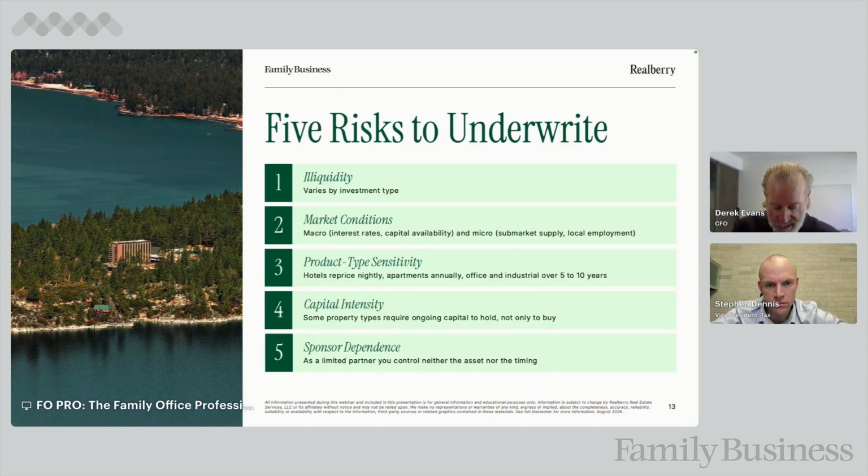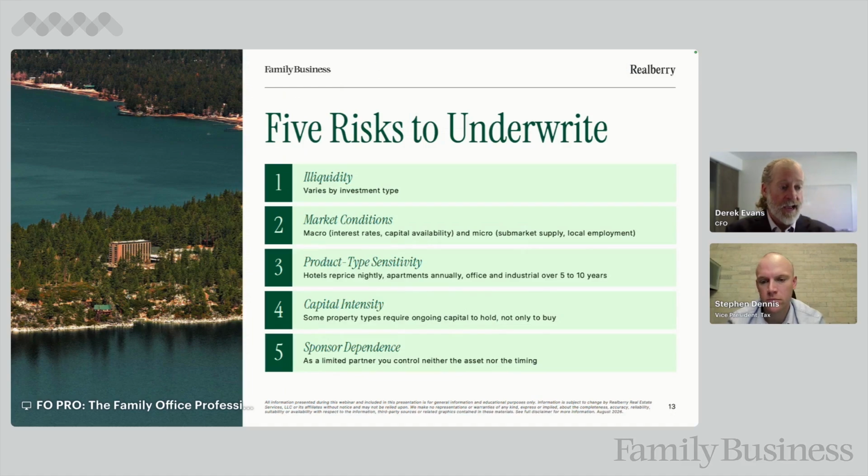Second is market conditions. I think here the market condition risks impact not only the overall real estate sector, which is generally cyclical in nature, but also individual product types, right? So you have macro events and macro trends that impact real estate: interest rates, capital availability, geopolitical risk, construction costs, cost of materials.